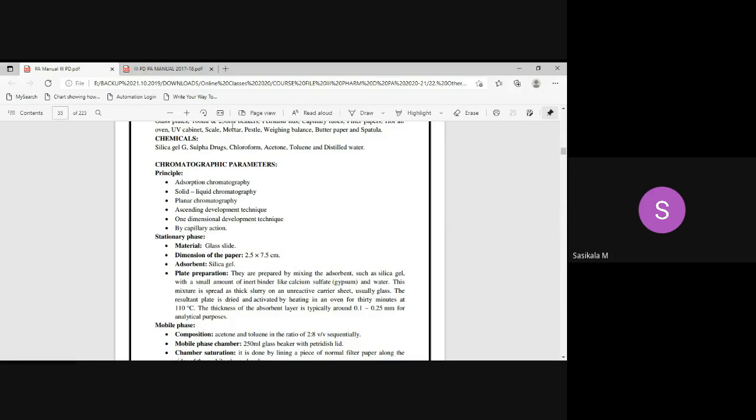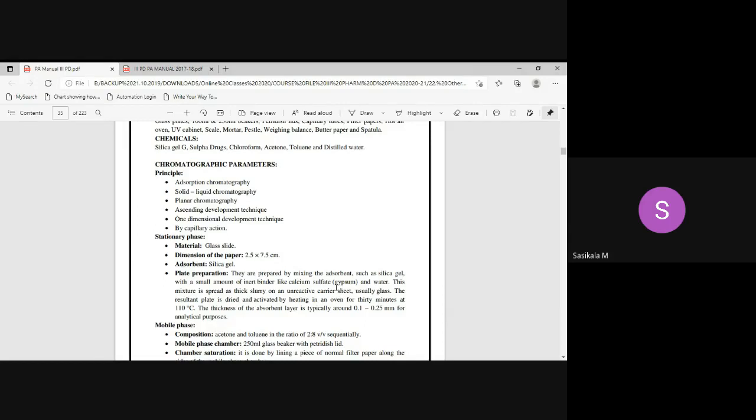That's why I have mentioned mortar and pestle here. The role of the mortar and pestle is to prepare a uniform slurry of silica gel with distilled water. This mixture is spread as a thick slurry on an unreactive carrier sheet, usually glass, and here a glass slide is mentioned.